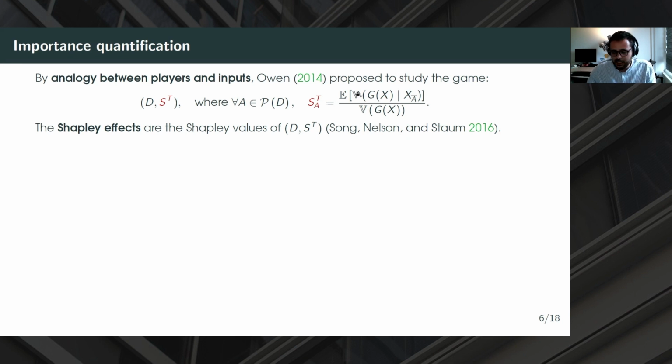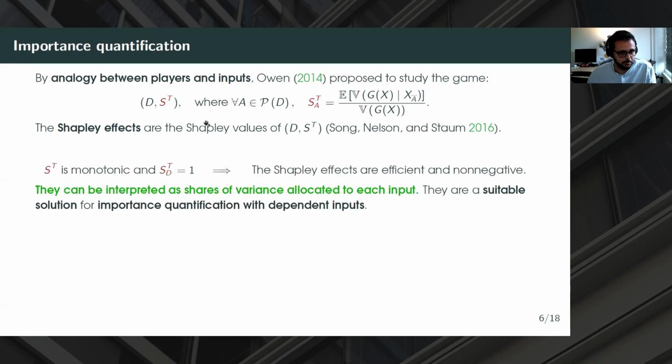That's the whole idea. Basically, by choosing this value function, my cake becomes the variance of g of x. And the Shapley effects are actually the Shapley values of this particular game. This value function is monotonic, so the Shapley effects are always efficient and non-negative. It means that they can be interpreted as shares of variance allocated to each input, which answers the initial question.